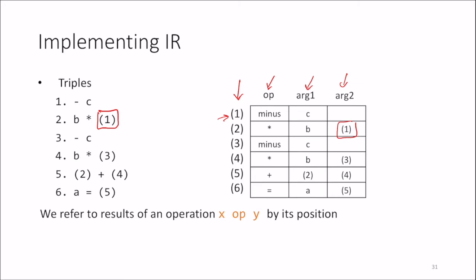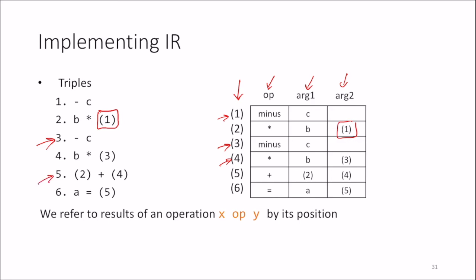And similarly, that's minus c first and then b times minus c, then I do a minus c again over here, which is number 3, and then b times 3 again. So that's doing the same thing twice. And then I can do a 2 plus 4.